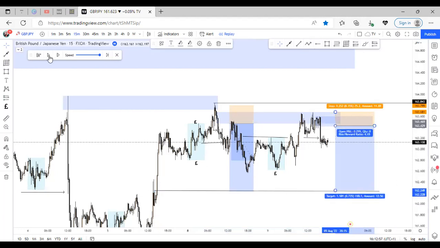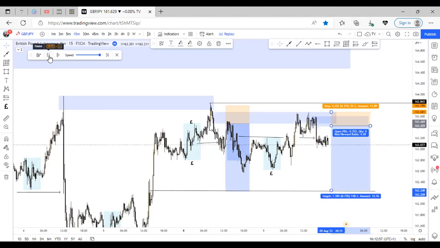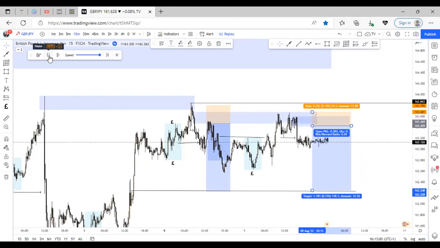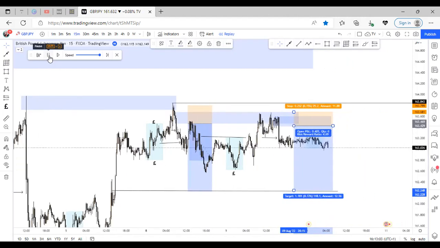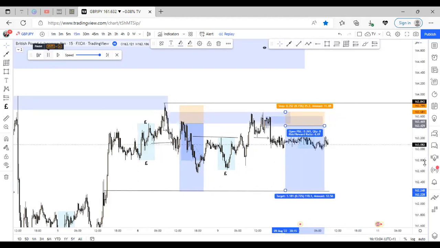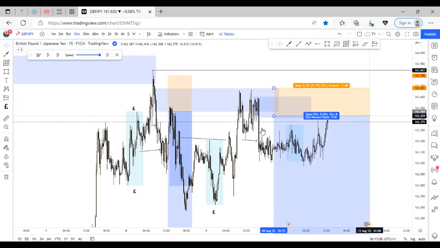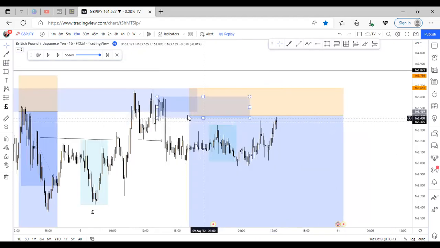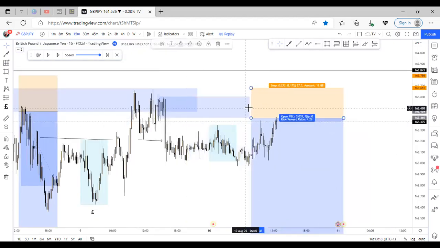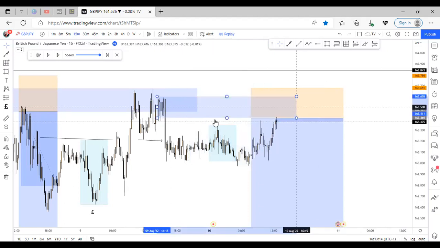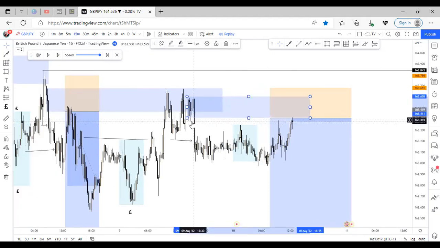Let's see if we got tapped into this trade. Yeah, price tapped in, not properly, but if you are on the chart, you can easily get your market execution in, because we'll have our alert set probably at this point.